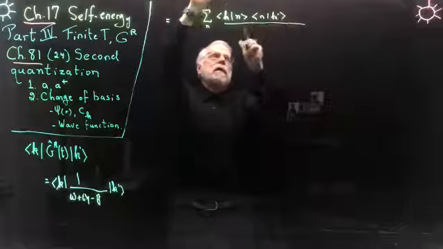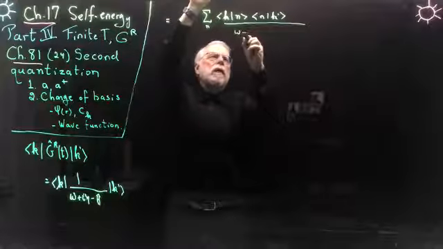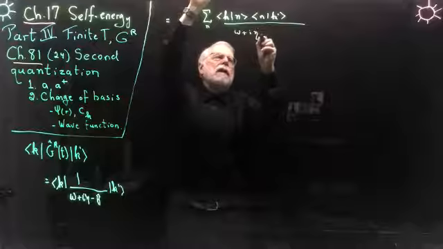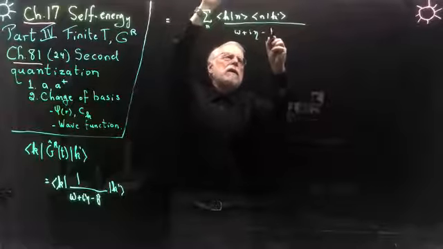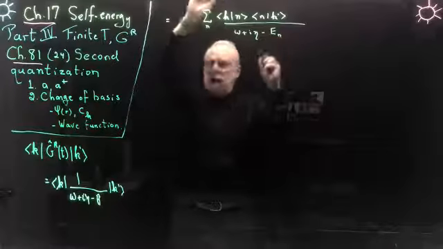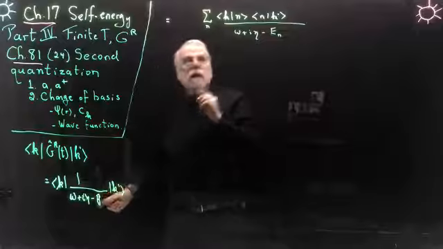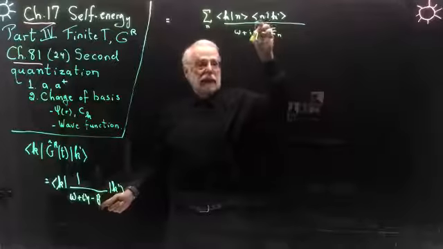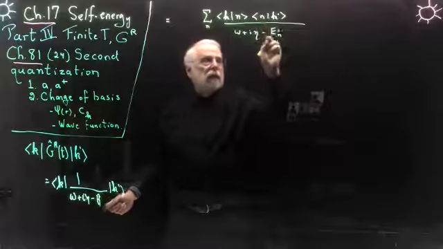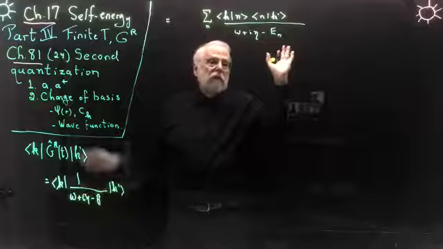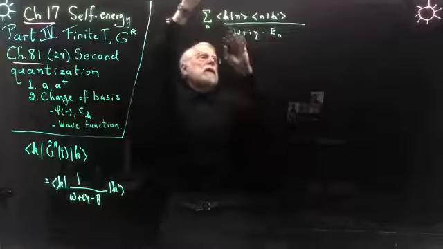And because these are energy eigenstates, I have omega plus i eta minus E n, because H has acted on these states and so it has given me just E n, okay?